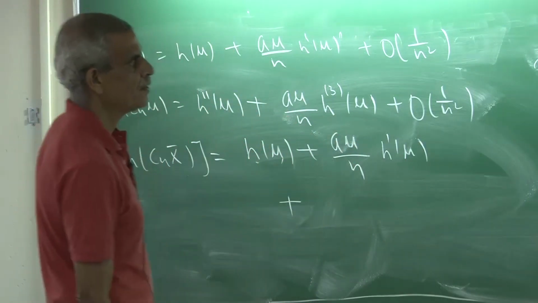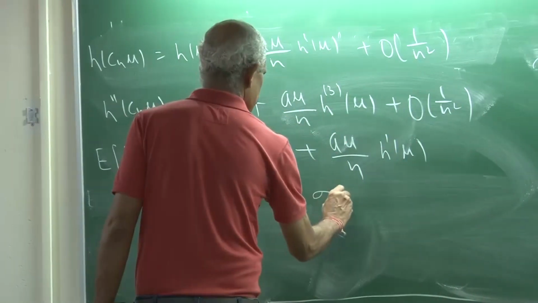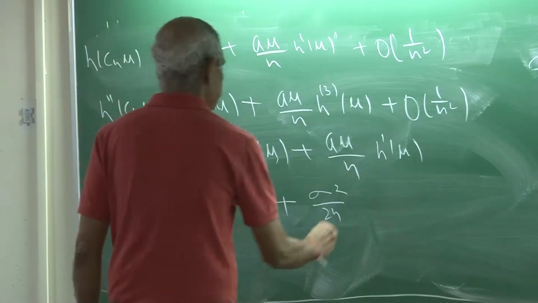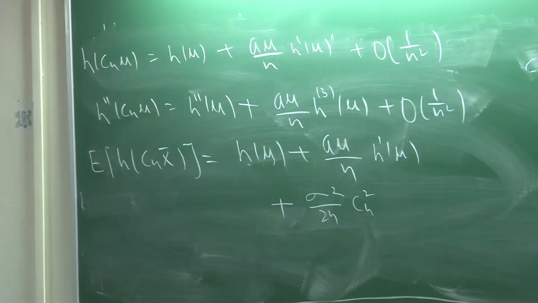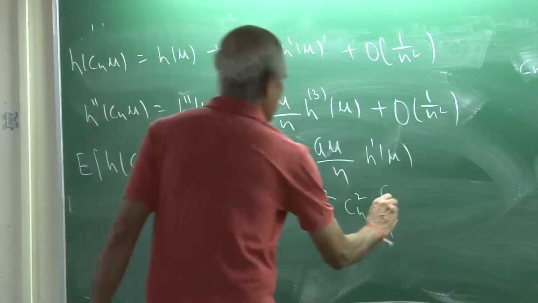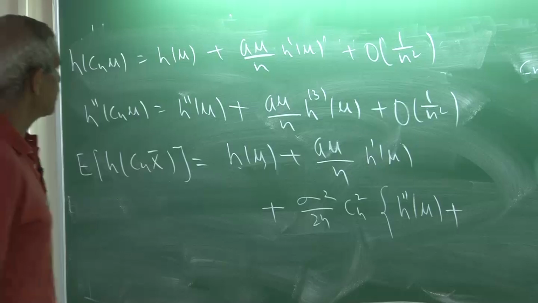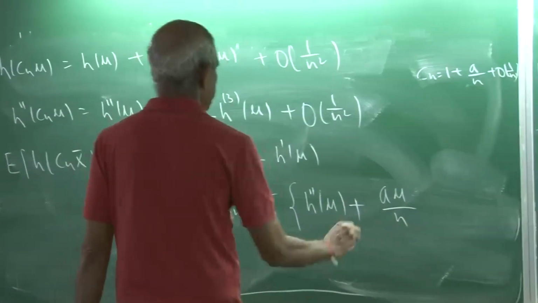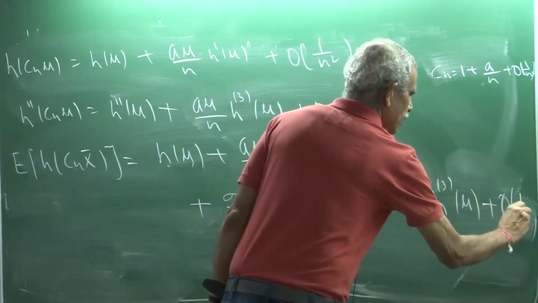plus sigma square by 2n Cn square, and then h double prime Cn mu is nothing but h double prime mu plus a mu upon n h3 mu plus big O 1 upon n square.